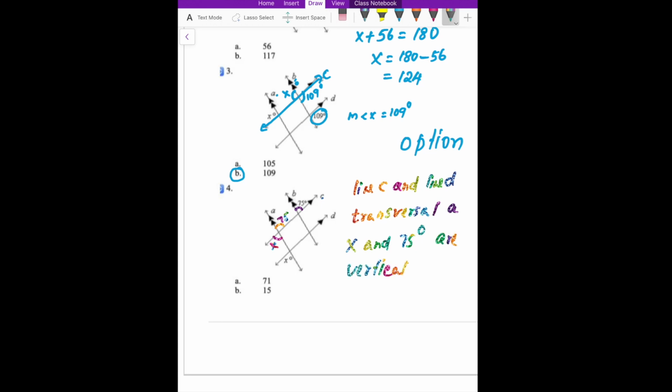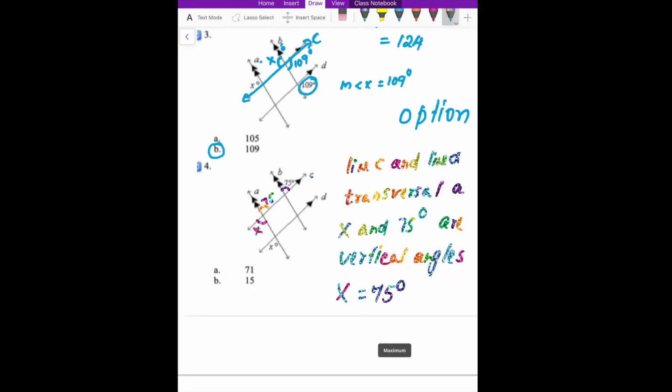Vertical angles are congruent. So this is the same type of problem as number 3. So X is equal to 75 degrees, which means that is option C.